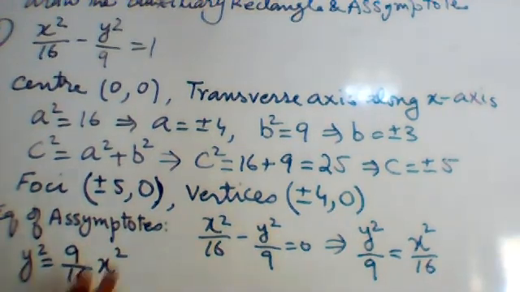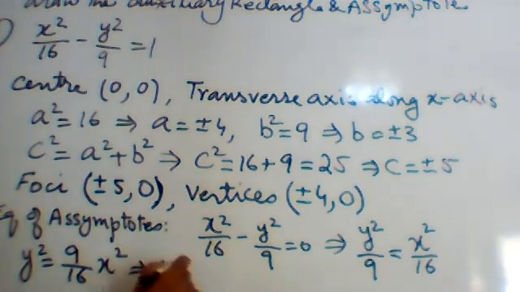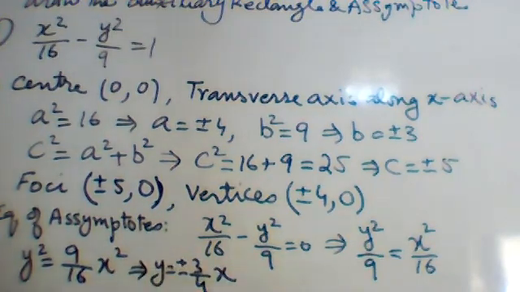Take the root. y is equal to plus minus 3 upon 4 x. These are the equations of the asymptotes.